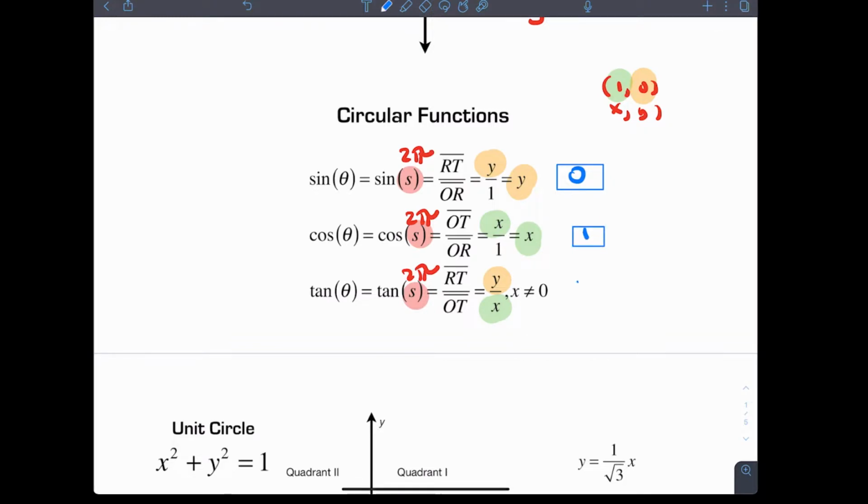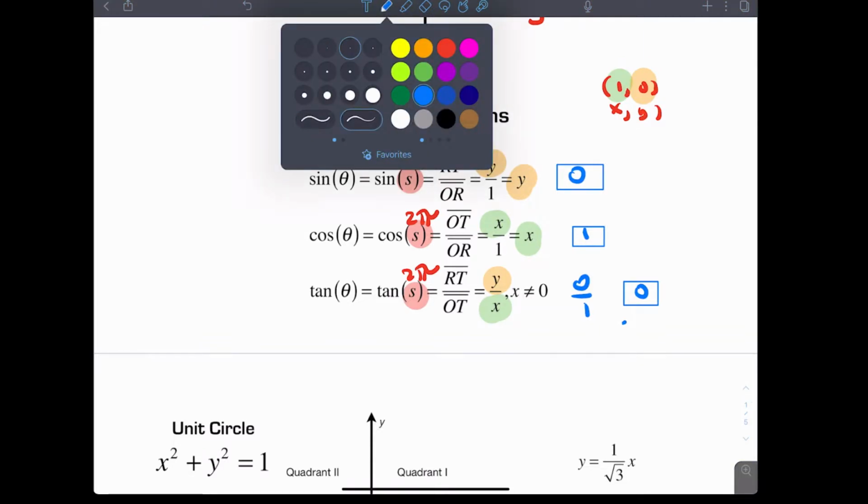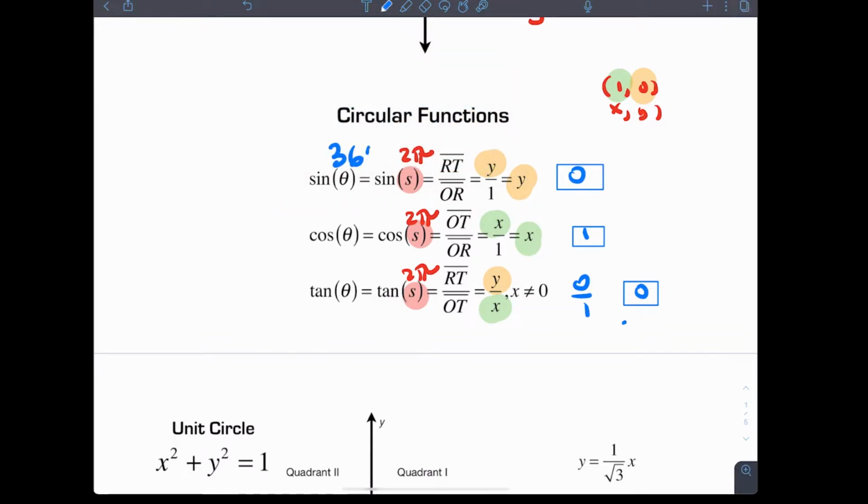Y over x, 0 over 1. Oh, we know that's going to be 0. And you've now found tangent of 2 pi. And what is that as a degree? 360. There you go. Yes.